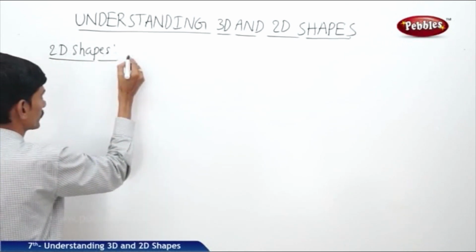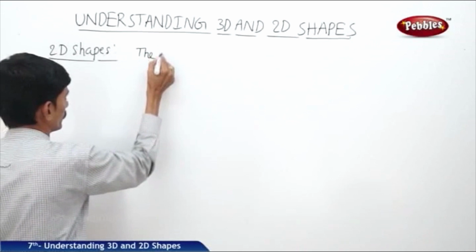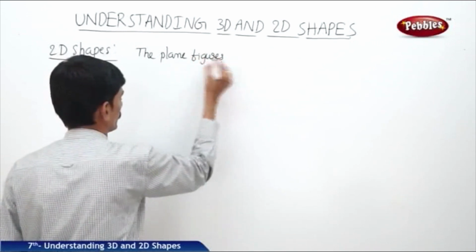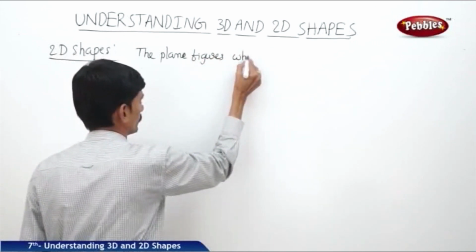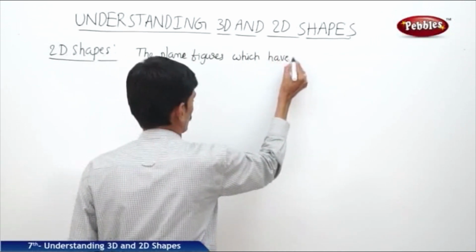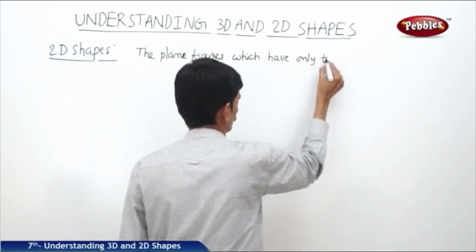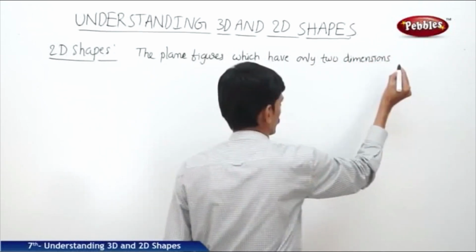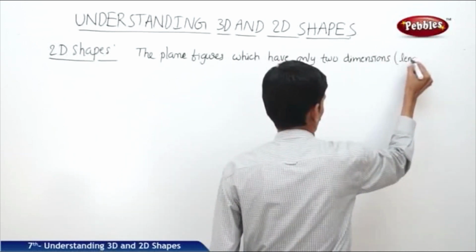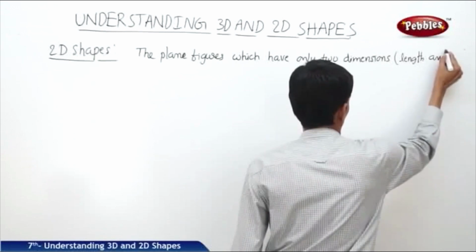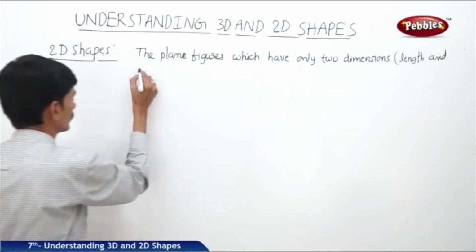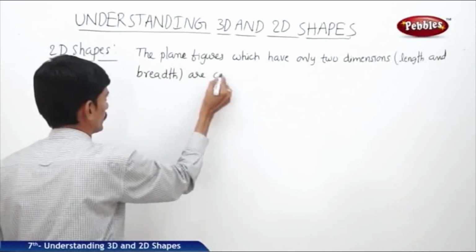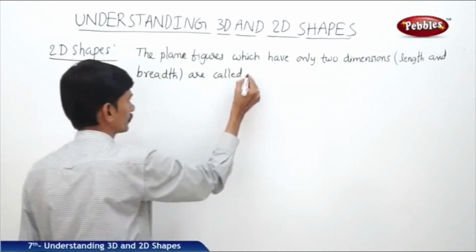The plane figures which have only two dimensions, meaning length and breadth, are called 2D shapes.